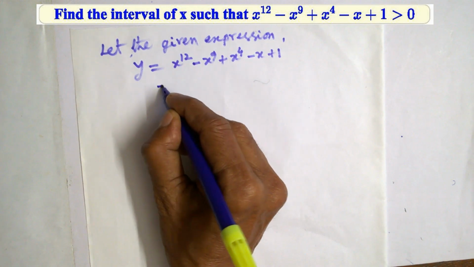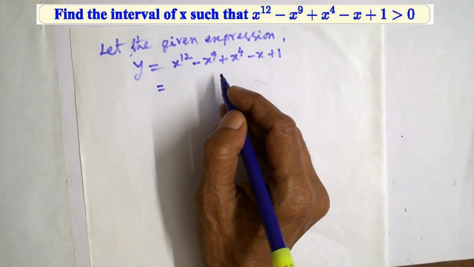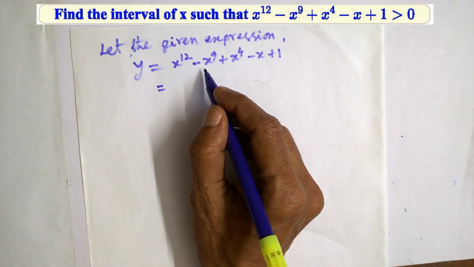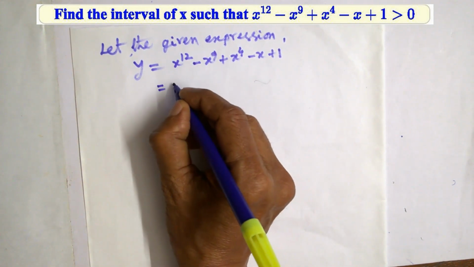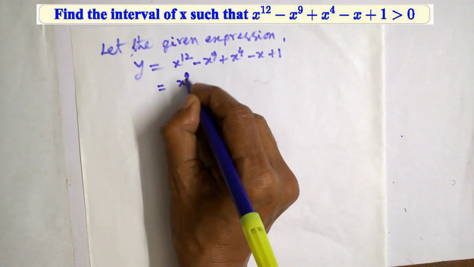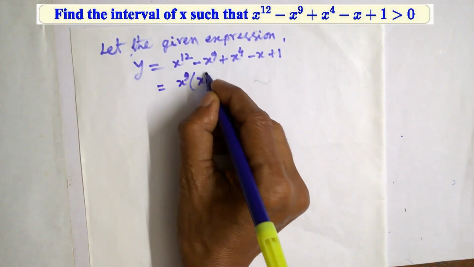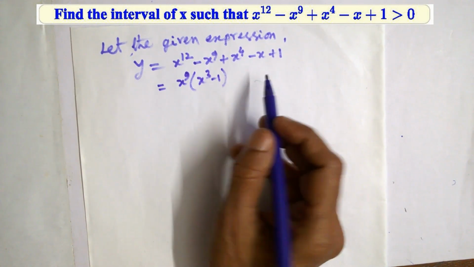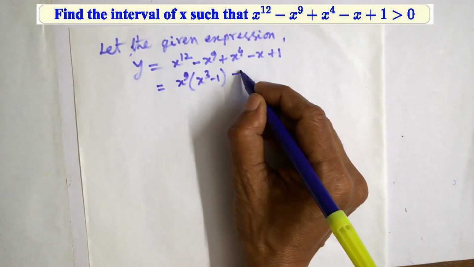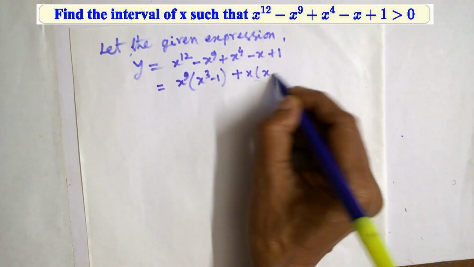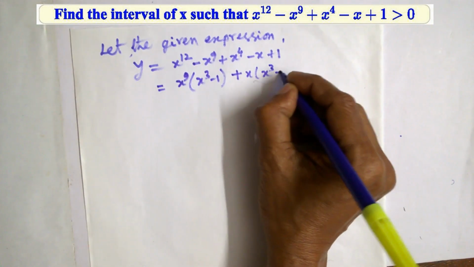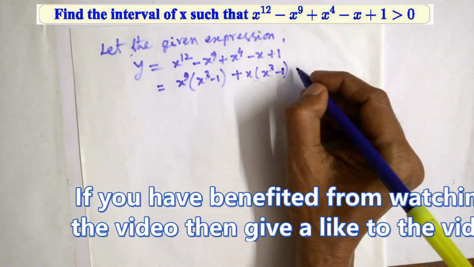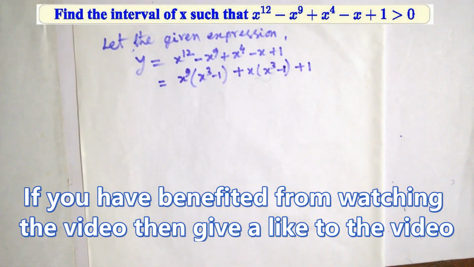So, now rearranging with respect to 1, that means as such x minus 1 maybe there is a factor. So if we take out common x to the power 9, x cube minus 1, here a factor is x minus 1, plus x common, x cube minus 1, plus 1.